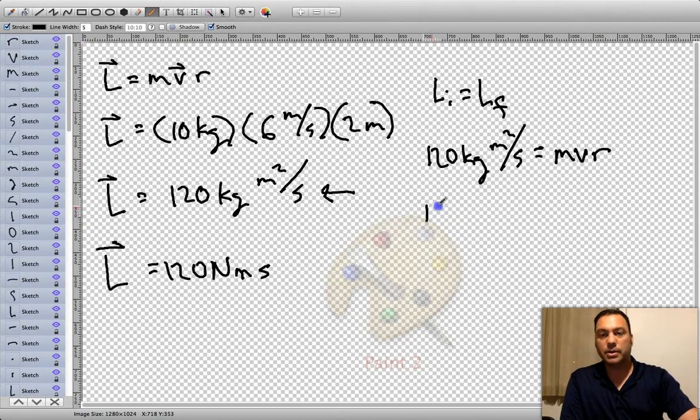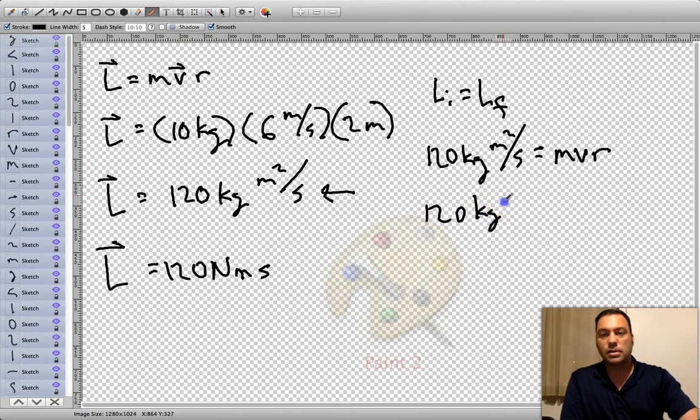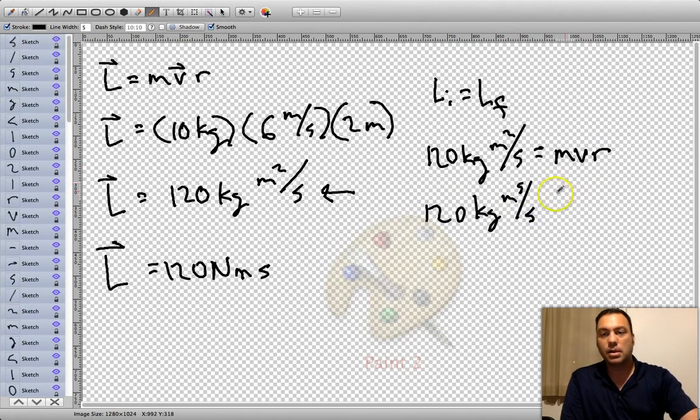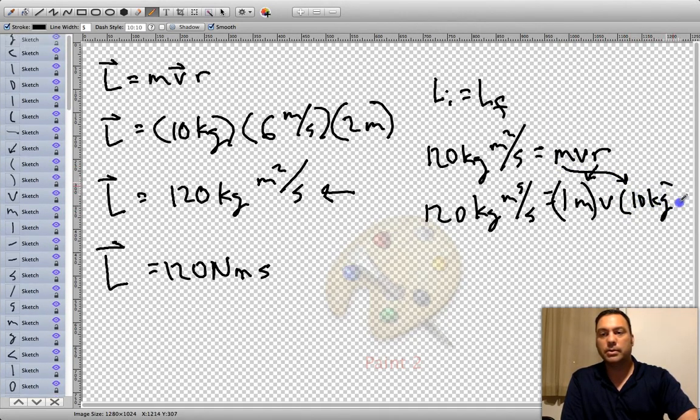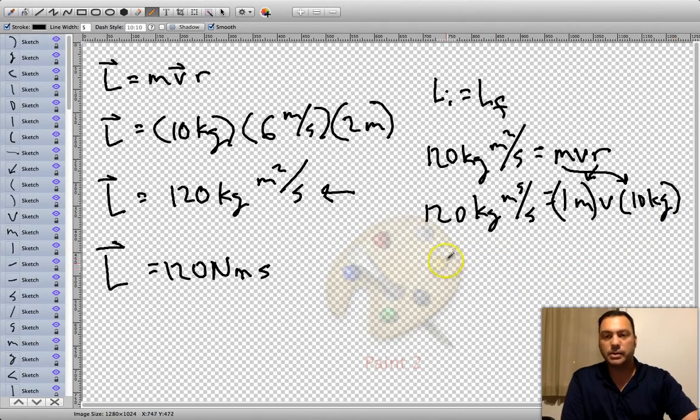So we're going to go ahead and plug all that in. And it's going to be 1 meter. Velocity is what we don't know. We'll put parentheses around this. I've switched these around, so this is actually the value for r here. And m I'm going to put in right over here. That's going to be 10 kilograms here.